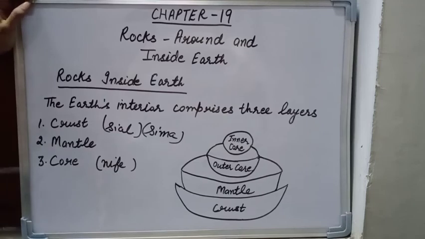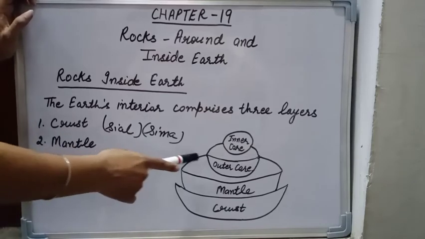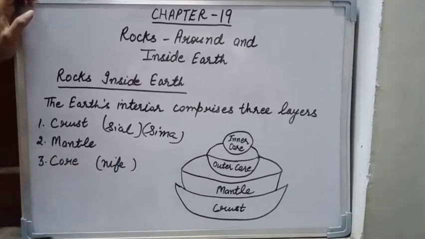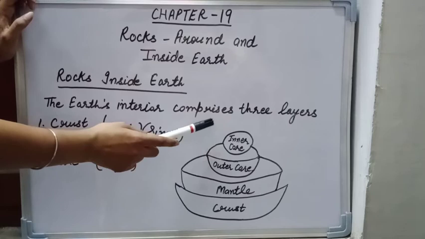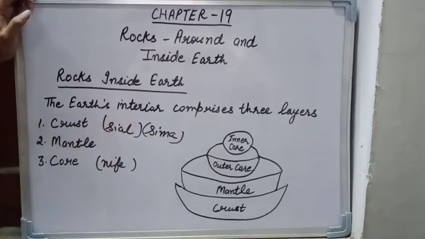The core of the earth is divided into two parts, inner solid core and liquid outer core. The outer core is 2300 km thick, and the inner core is 1200 km thick. The temperature of the inner core can be as high as that of the surface of the sun.